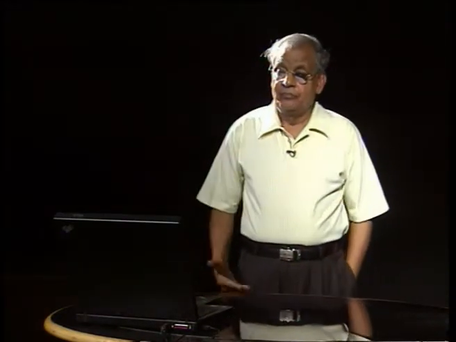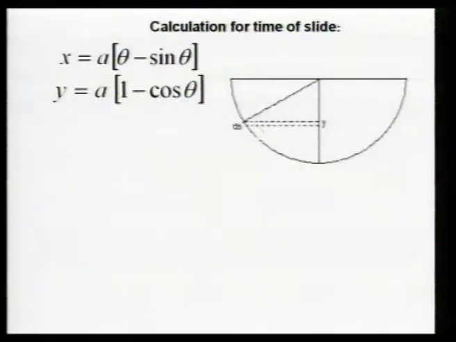Now, we have to see what was the time taken, which should have been the least. Let us actually calculate the time of slide. So, we write down this equation: x equal to a(theta minus sine theta), y is equal to a(1 minus cos theta).